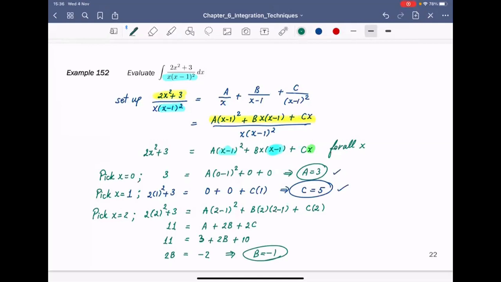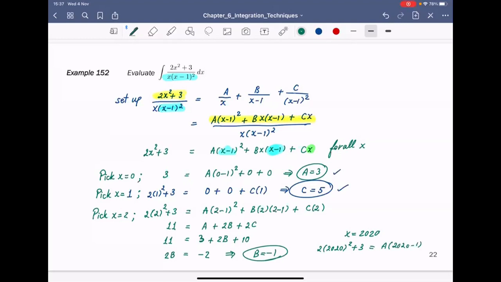If you want to show your power, maybe show that you're an expert in calculation, you can pick x equal to 2020, whatever you want. You can solve for b anyway. If you pick x to be 2020, you get 2 times 2020 squared plus 3 equal to a times (2020 minus 1) squared and whatever, and then you just solve this equation.